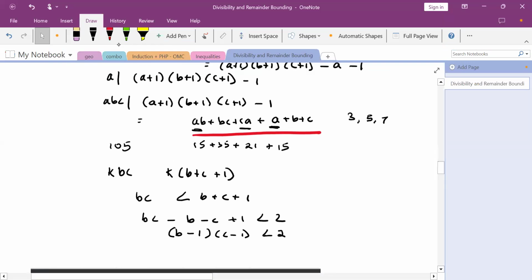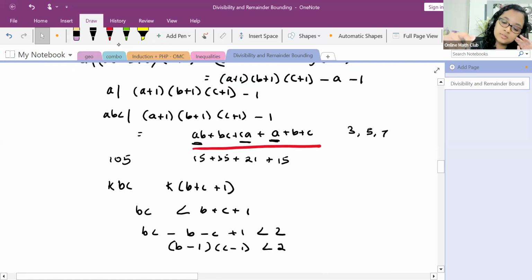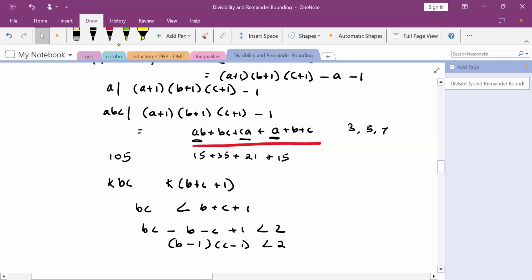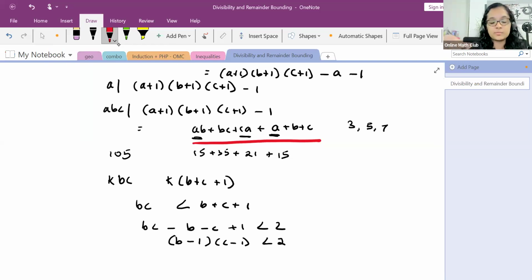How do you get BC is less than B plus C plus 1? How do you get what? BC is less than B plus C plus 1. No, you're trying to prove a contradiction to this. You want it to be greater than B plus C plus 1, because then you can show that the LHS always remains bigger, no matter how much you increase one of the variables. That's what we're trying to show.